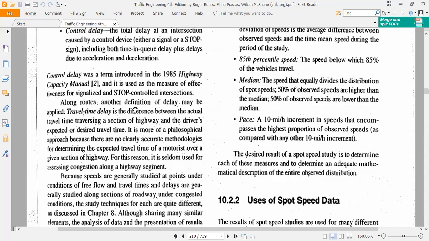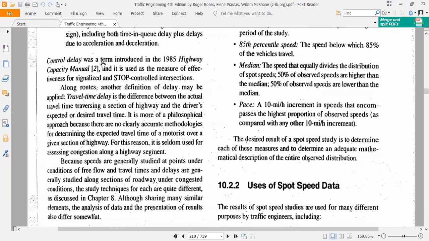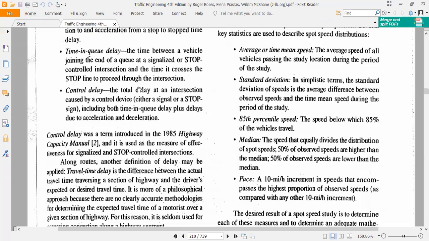This control delay definition was introduced in the Highway Capacity Manual in 1985, and it is used as a measure of effectiveness for signalized and stop control intersections. They have adopted it for measuring the effectiveness of a signalized intersection.